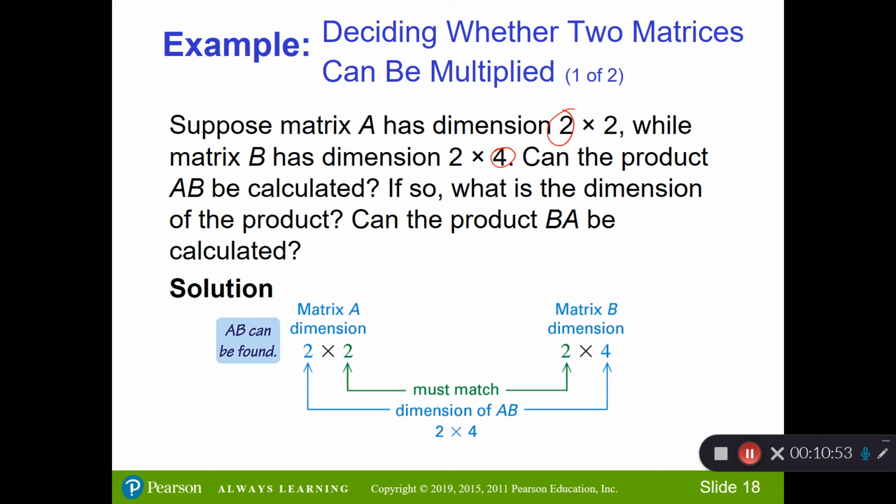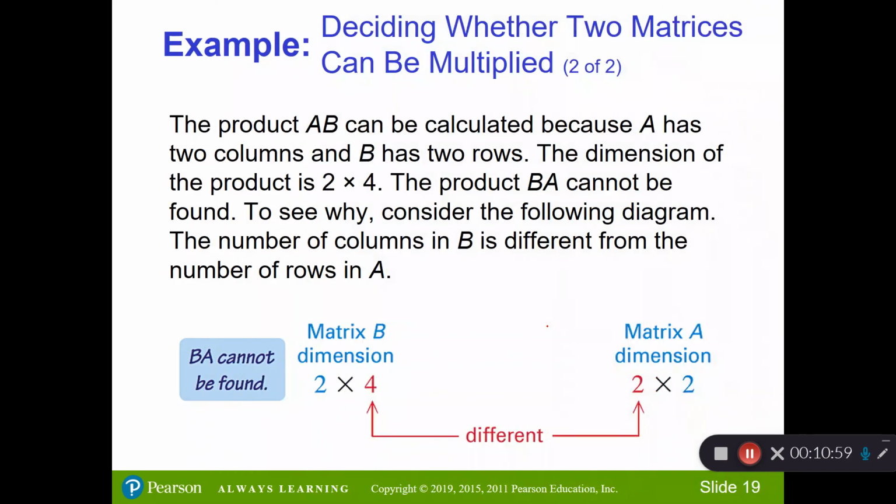Those inner two dimensions, as long as these match, I can multiply. If I have A as a 2 by 4 matrix and B as a 2 by 2 matrix, I can't, because I can't take the 4 columns and multiply times elements over here. There won't be enough. So when these are different, I can't multiply them.